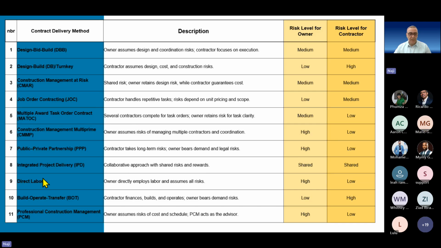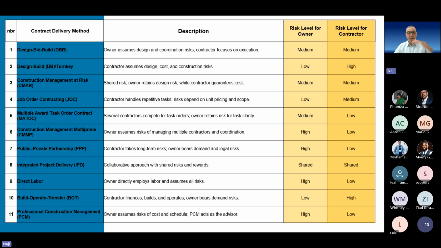So I was describing direct labor. In case the client is hiring direct labor, definitely the risk is high for the owner. Conversely, it is low for subcontractors. With direct labor, I am the main contractor. So this is the balance where you have to determine where you want to invest. If you invest in cash, you're less at risk.